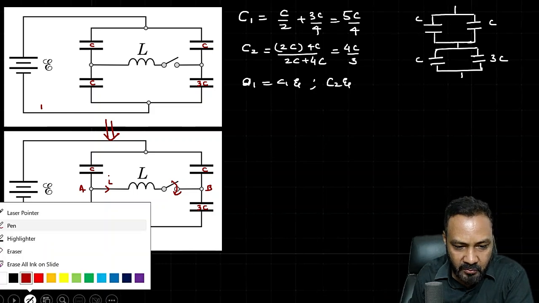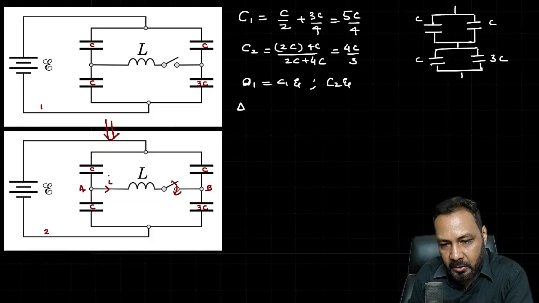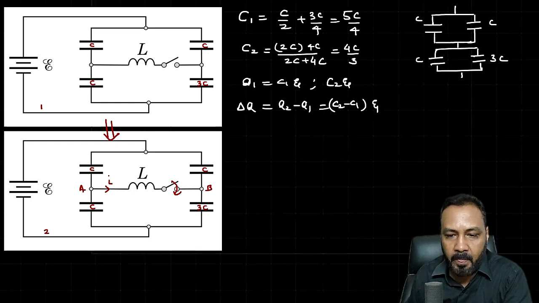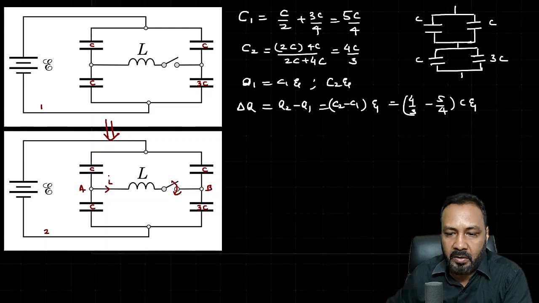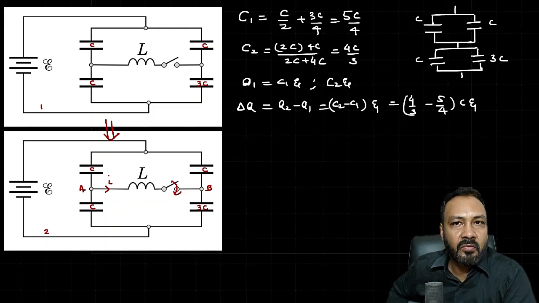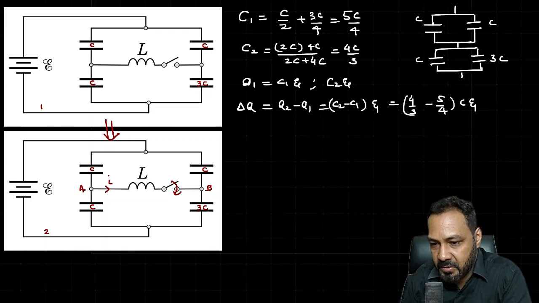Obviously the charge flown through the battery, delta Q, would be Q2 minus Q1, that is C2 minus C1 into E. C2 is 4 by 3 C, C1 is 5 by 4 into C, multiplied by E. 16 minus 15 by 12, that is CE by 12.